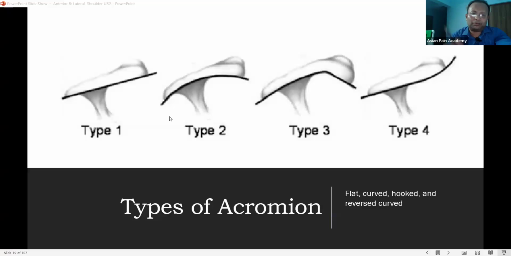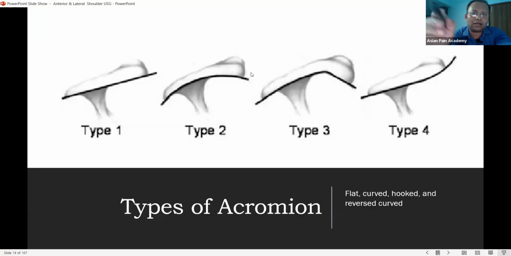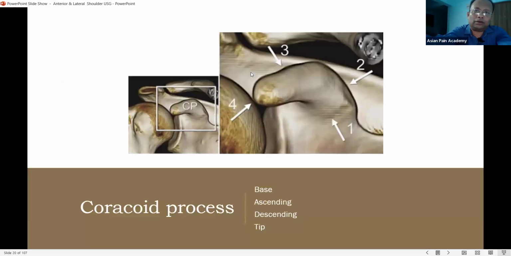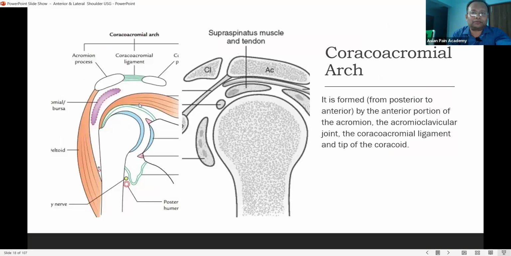Some more anatomy. There are different types of acromion: type 1, type 2, type 3, type 4. How is that important?